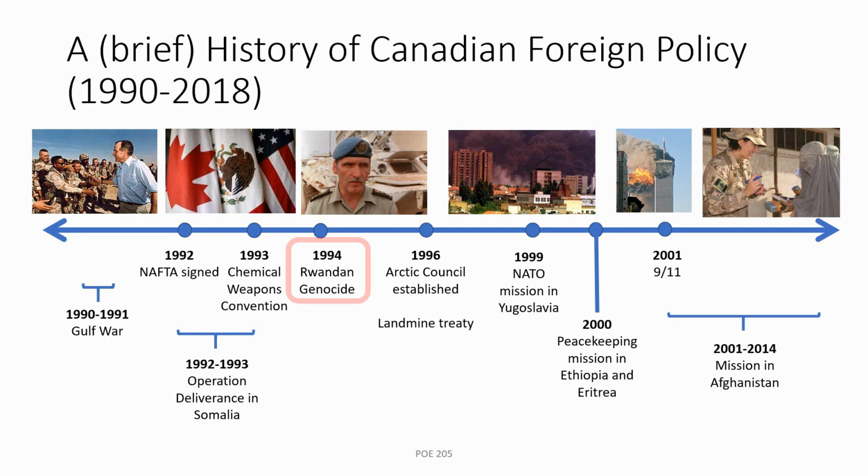When eventually more peacekeepers are brought in, especially through the African Union's peacekeeping force, there's really not that much that can be done. And within a very short period of time, hundreds of thousands of Rwandans have been killed.